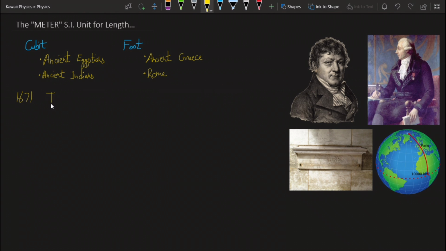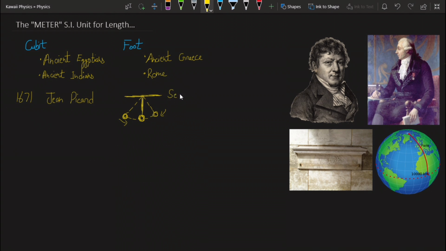In 1671, Jean Picard measured the length of a seconds pendulum at the Paris Observatory. So what is a seconds pendulum?